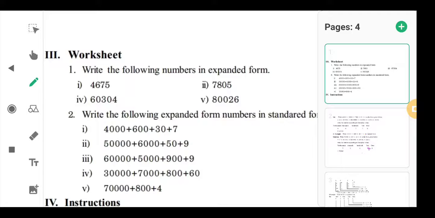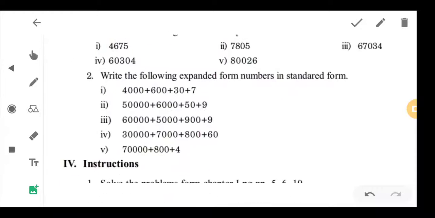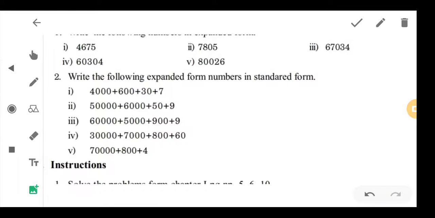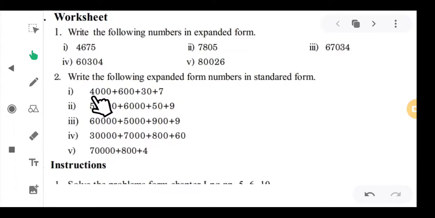Right. After that, next is the second part. In the second part, write the following expanded form numbers in standard form. So first one, see here, this is 4,000 plus 600 plus 30 plus 7. So first of all, see, ones, tens, hundreds, thousands.